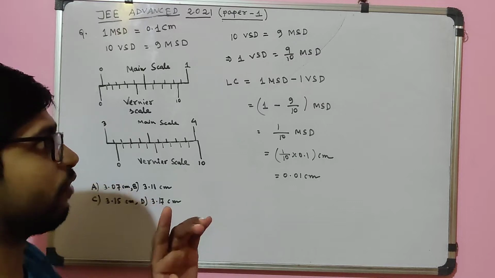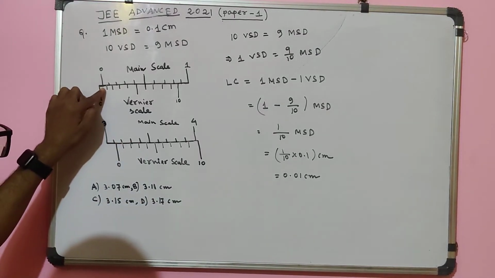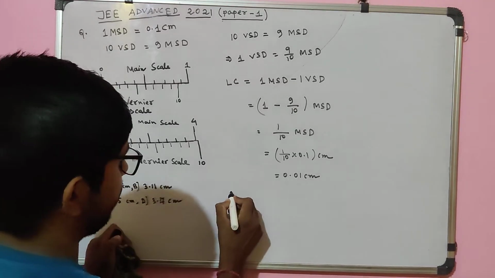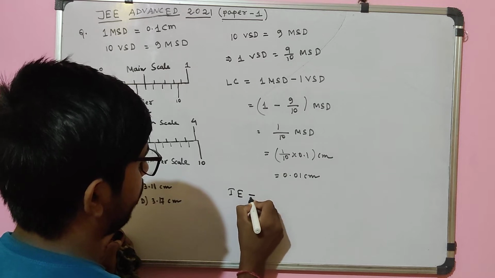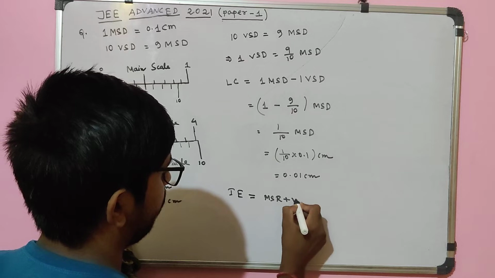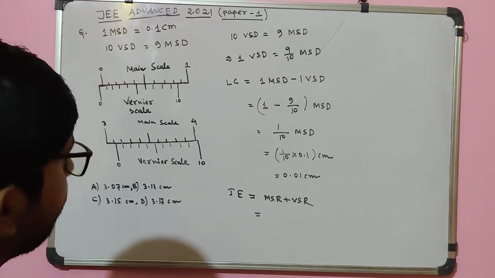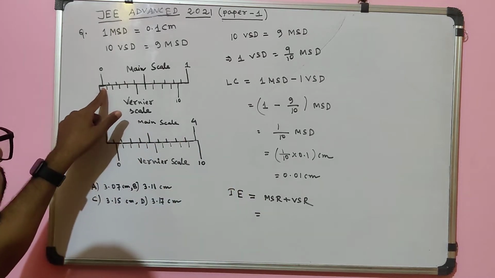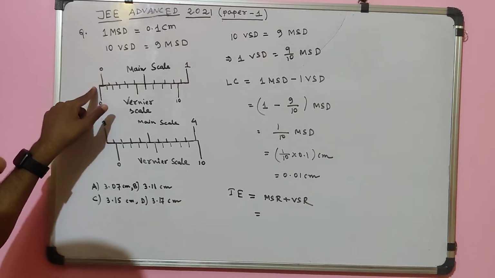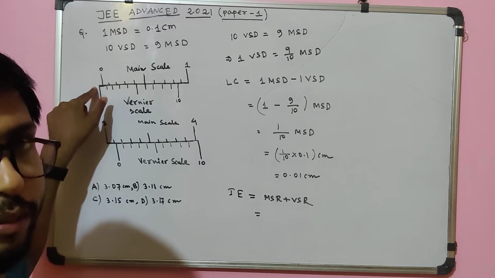For finding the negative error, see, this Vernier scale is before 0. So I can find the initial error from the main scale reading plus the Vernier scale reading. What will be the main scale reading? Can you tell me? Since it is before 0, I can write the main scale reading as minus 0.1 centimeter.